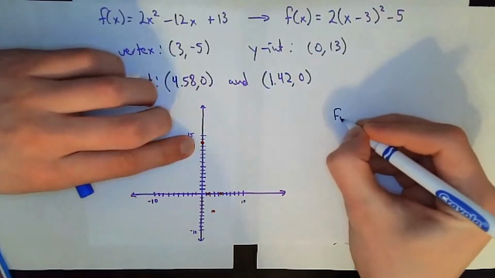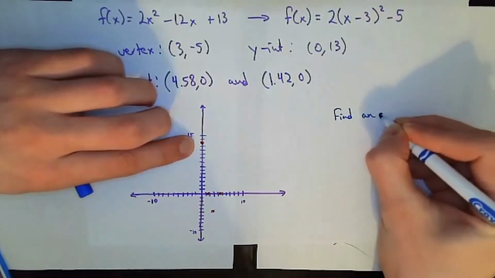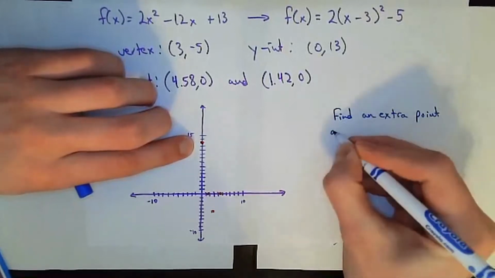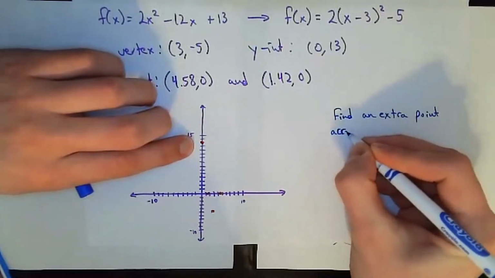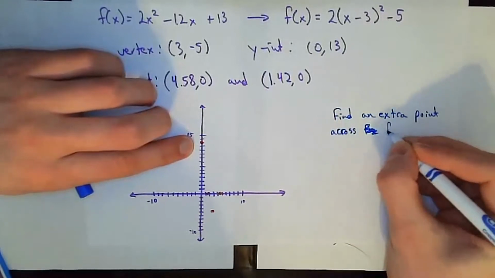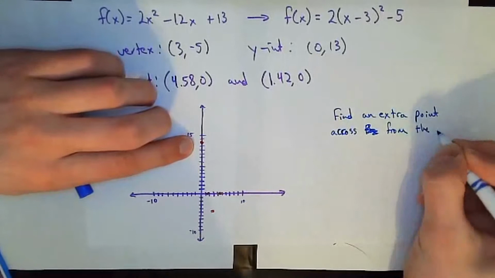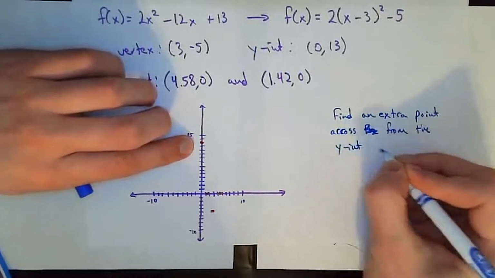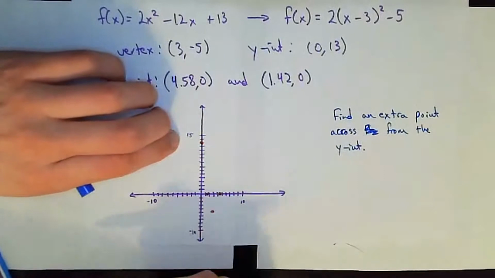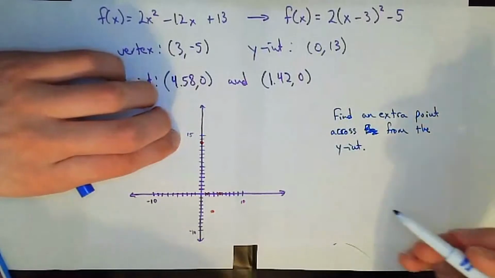So just as an extra thing, find an extra point across from the y-intercept. So instead of going 3 to the left of the vertex, I'm going to go 3 to the right of the vertex.